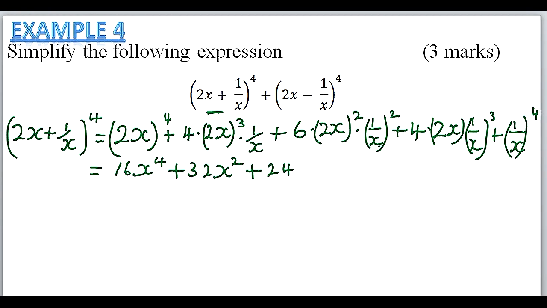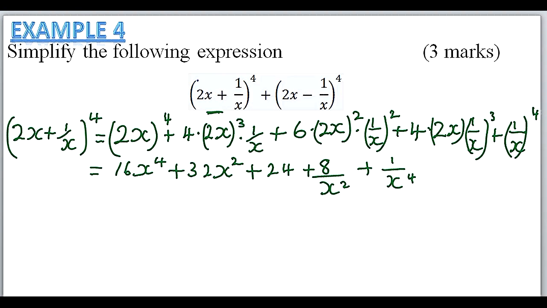So the denominator x is squared and the numerator x is squared. So they will cancel. So plus 24, plus this is 4 times 2. This is 8. In the denominator we have x cubed. Numerator we have x. So we will be left with 8 over x squared in the denominator. Then plus 1 over x to power 4. So that is the expansion of the first part of our equation.